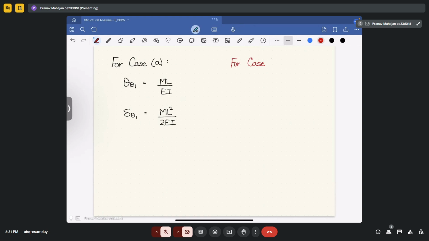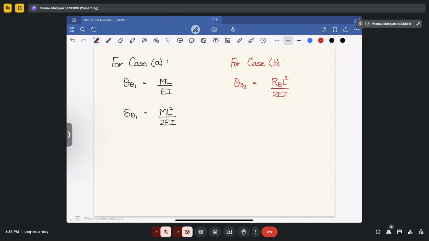Similarly, for case B, we have theta B2 equal to RB L square upon 2EI.